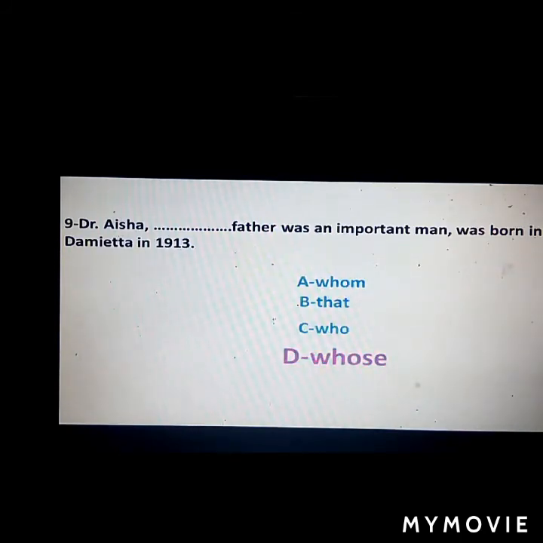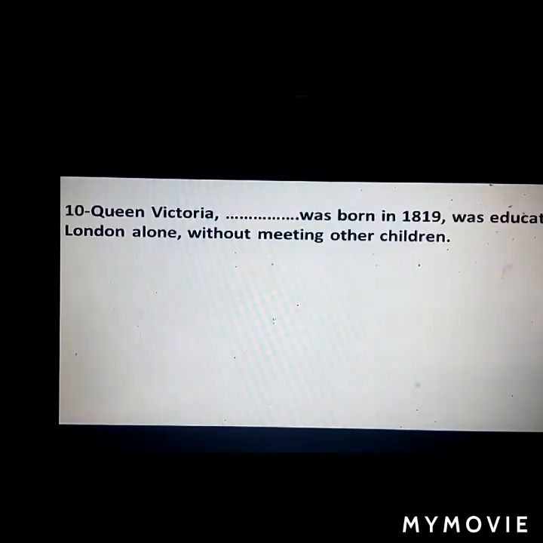Queen Victoria ___ was born in 1819 was educated in London alone, without meeting other children. Which one? Queen Victoria is a human. So, who?